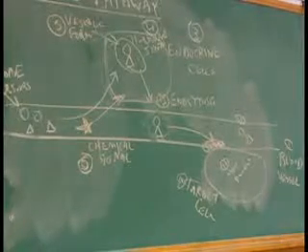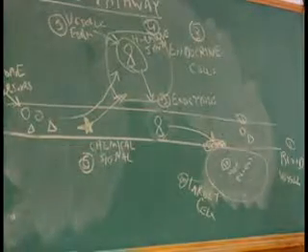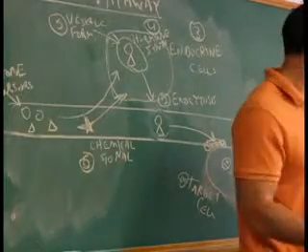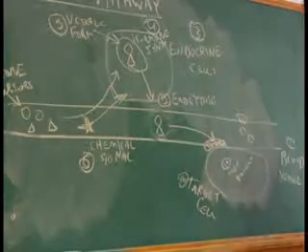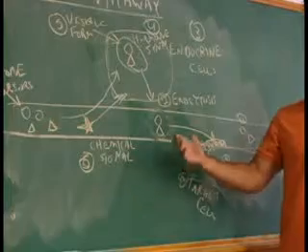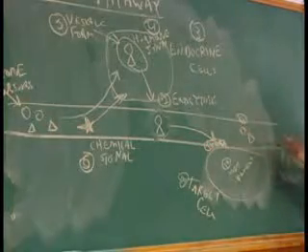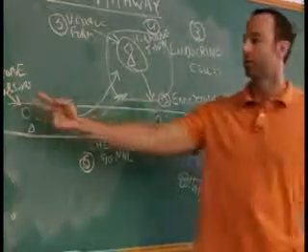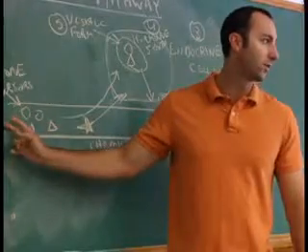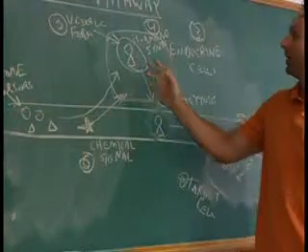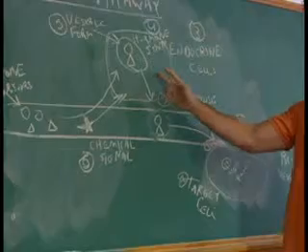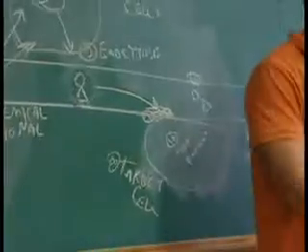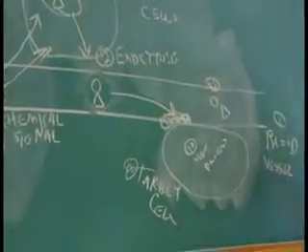So I'm going to go through the 11 steps of the generalized pathway. Again, there's an animation on the website that will help you with this. Step 1, we've got a blood vessel that has step 2, precursors to hormones. Step 3, those hormones are absorbed by endocrine cells. And step 4, they are manufactured into hormones.